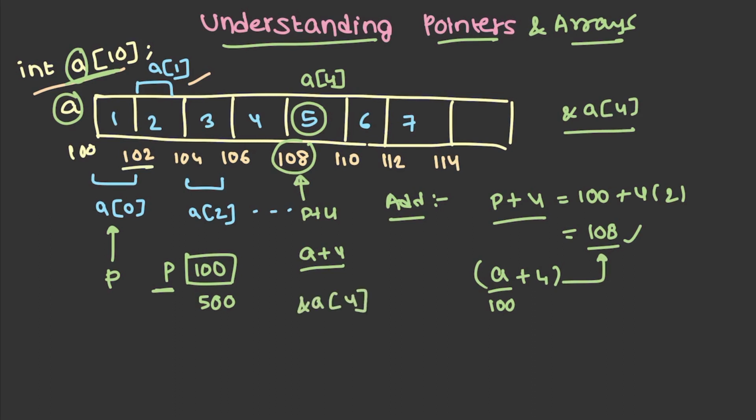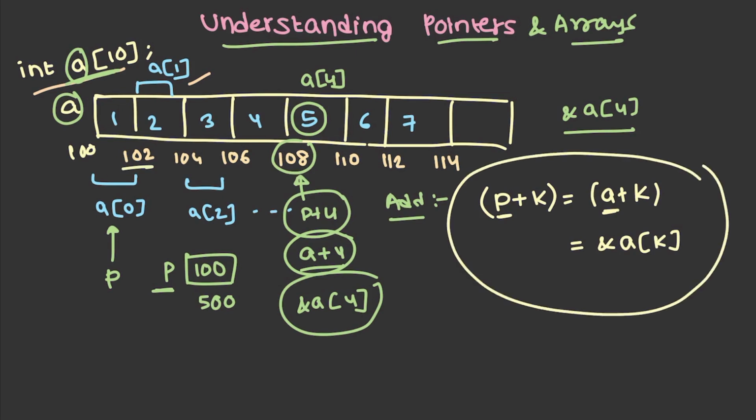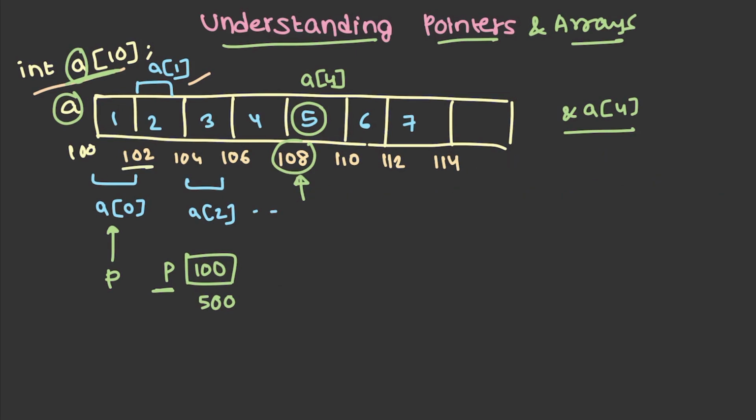Now if you see, all of these are representing the same thing. So we can write a statement as follows. P plus K equals A plus K, where A is the array name and P is the pointer, and it is also equivalent to ampersand of A of K. All of this is actually representing the address. Now let's say I am trying to find the content.